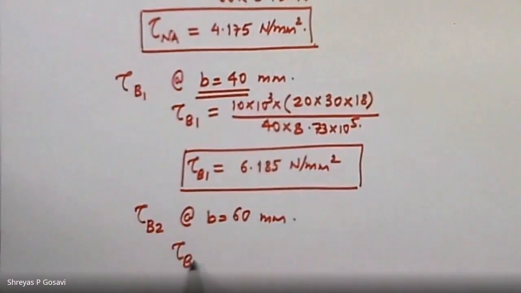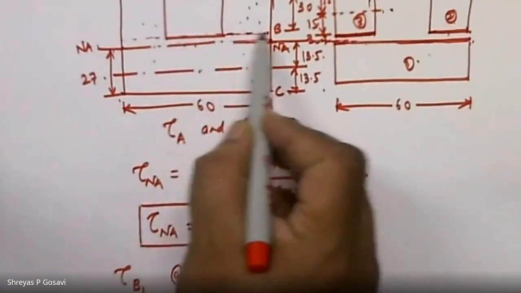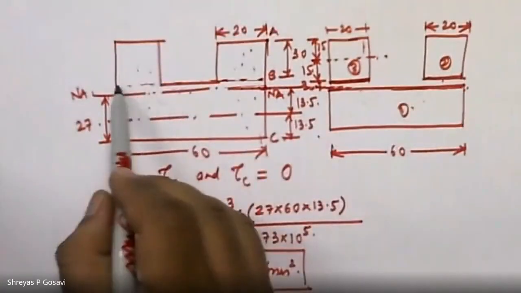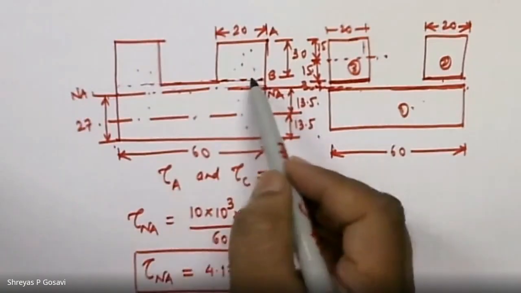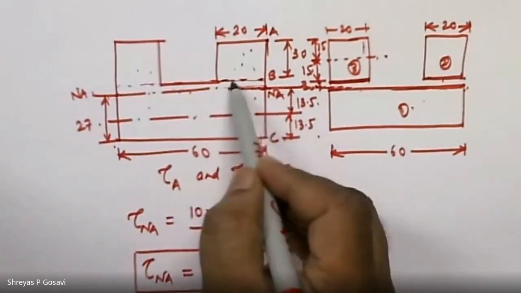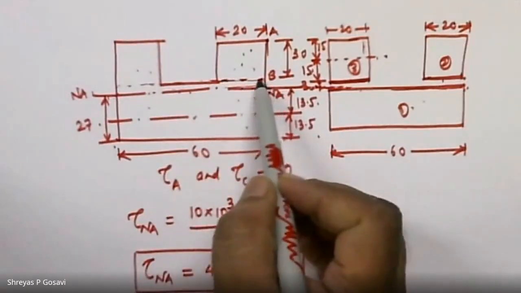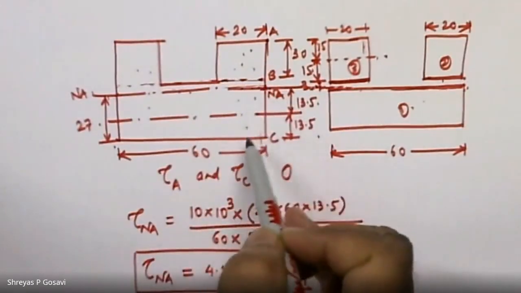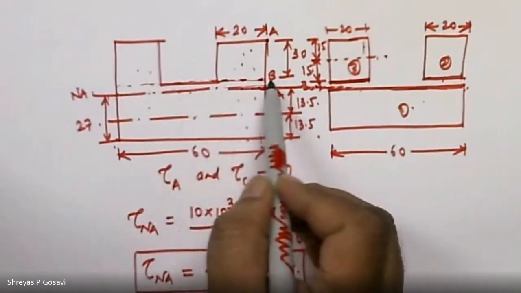So tau about B2 will be equal to, even if we consider the total width about this junction, it is easier for us to consider the area which is below that particular section.